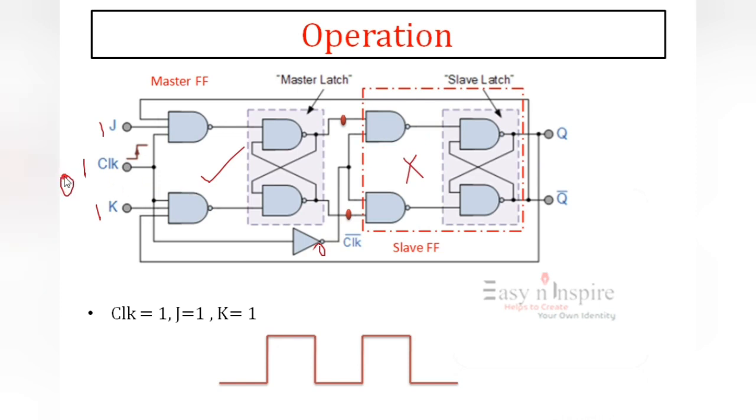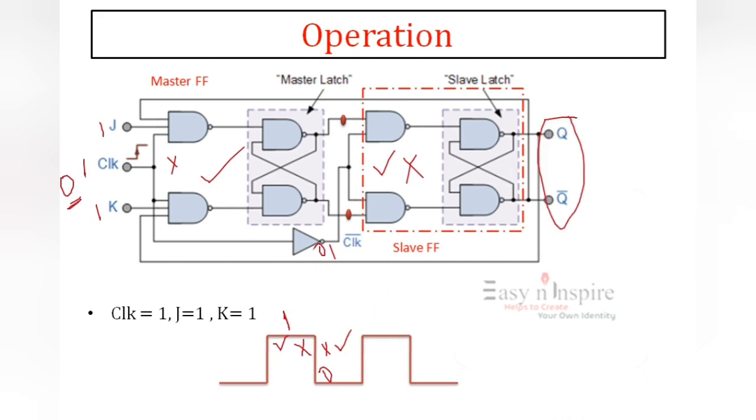When 0 is applied, 0 is going to the master, so it is deactivated, and the 0 becomes 1 here and 1 is going to this point, so the slave is activated. When the clock is 1, the master is activated and the slave is deactivated. When the clock is 0, the master is deactivated and the slave is activated. Then the output is generated here.